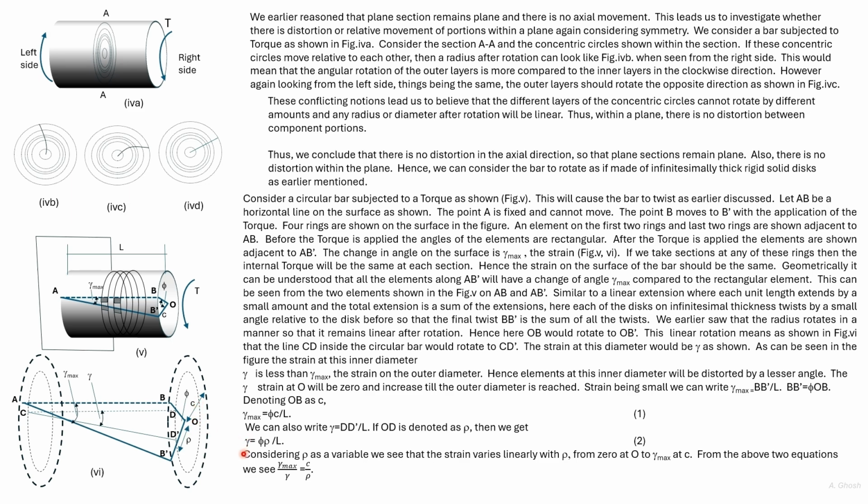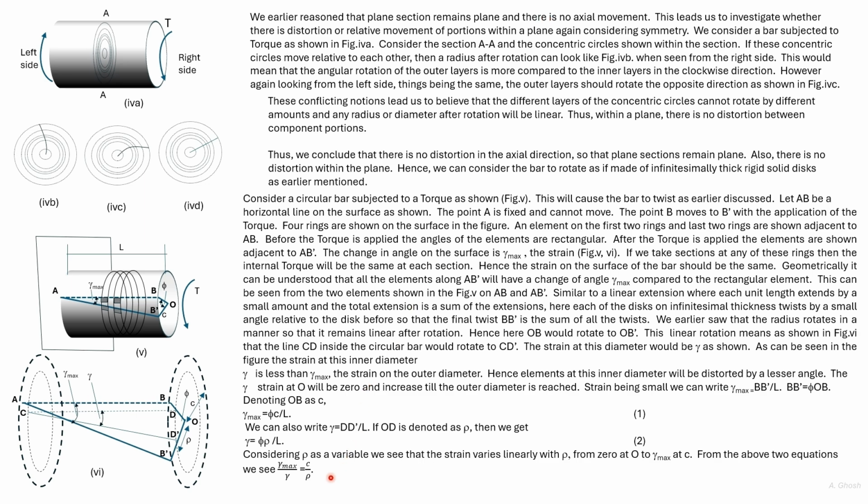This gives gamma is equal to phi rho divided by L. Considering the equation of gamma max as 1 and the equation of gamma as 2 and dividing both sides of the equation, we get gamma max divided by gamma is equal to C divided by rho.